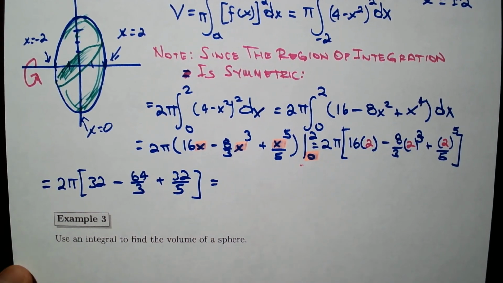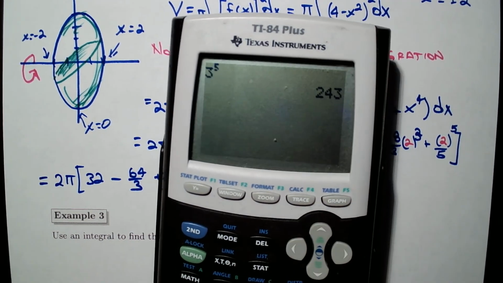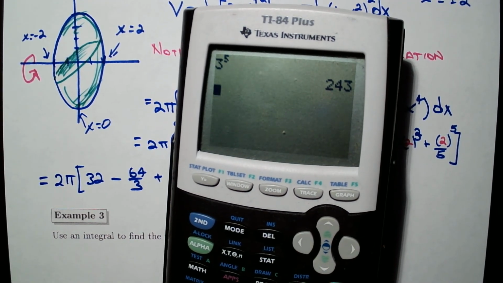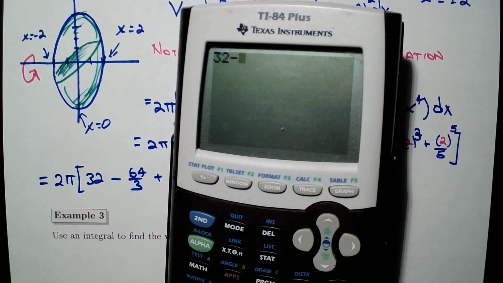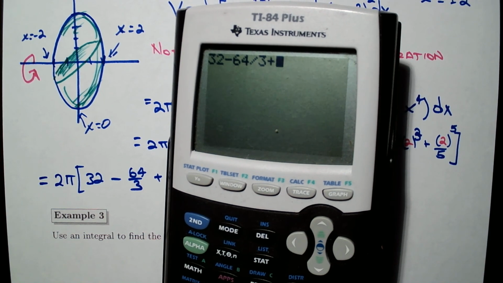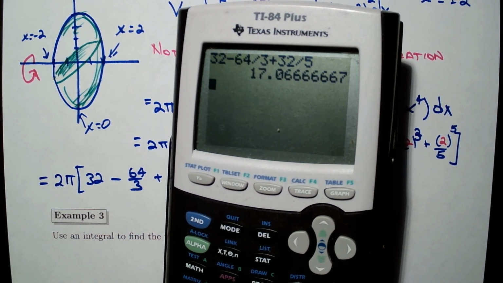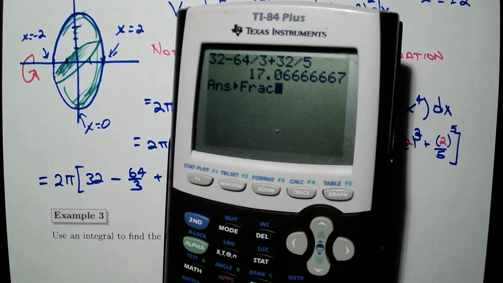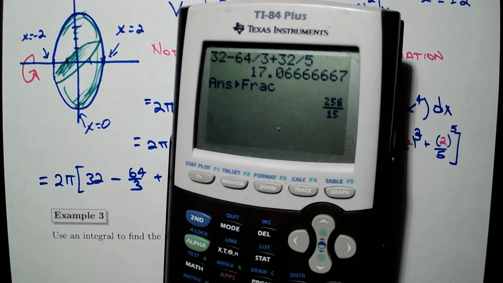So let's use a calculator for this. So this will be 32 minus 64 over 3 plus 32 over 5. I'm going to use the frac command because we want fractions, and that's going to be 256 over 15.